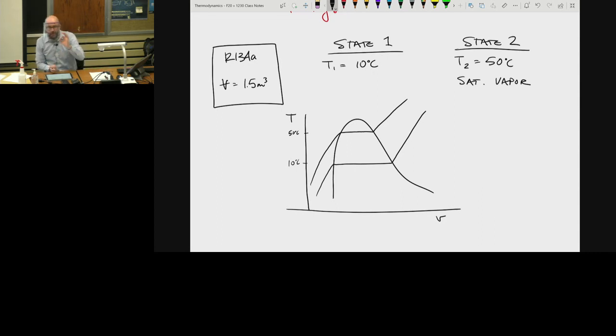I do know where my state 2 is, because state 2 said it's 50 degrees, and it's at a saturated vapor. And this point right here is going to be state 2, because that line coming down here is my saturated vapor line. I know I'm on there. I know definitely where I am for state 2.